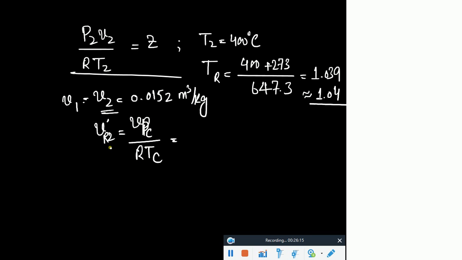That's how you represent the pseudo reduced specific volume. So for me, that value comes out to be 1.12. You can just plug in those numbers over there and find that out. Now you have pseudo reduced value equals 1.12. You have this TR equals 1.04. Now tell me how you can find out that P2. Come on.